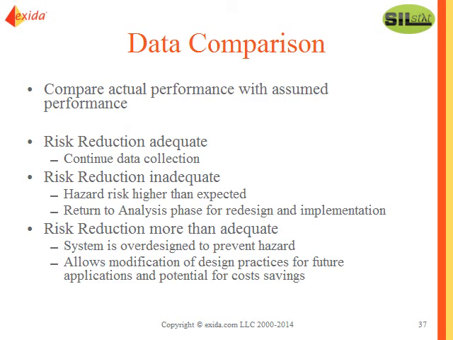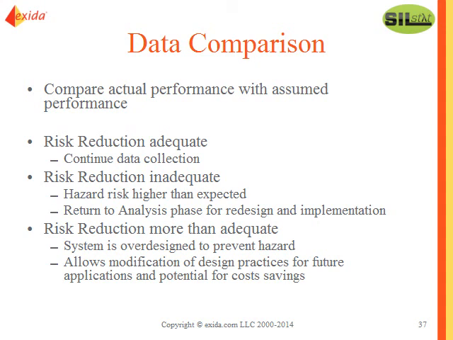Data comparison. Compare your actual performance with your assumed performance. It's required that you do this, so you need the data. If your risk reduction is adequate, your performance is better than you assumed, then just keep collecting data. You don't necessarily have to change anything. If it's inadequate, then your risk apparently is much higher than you expected.